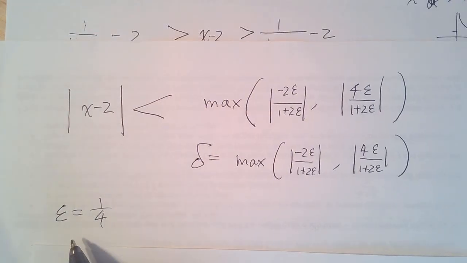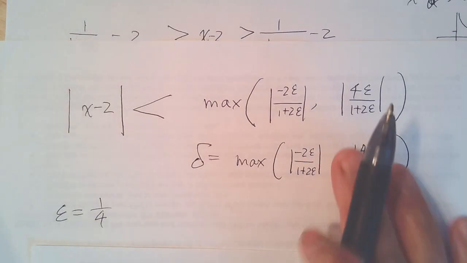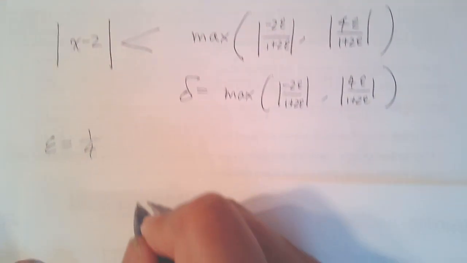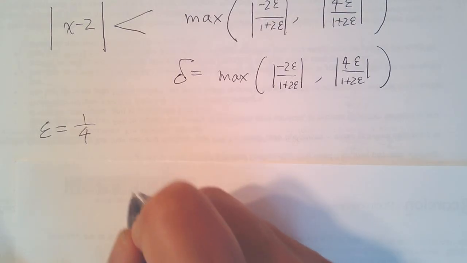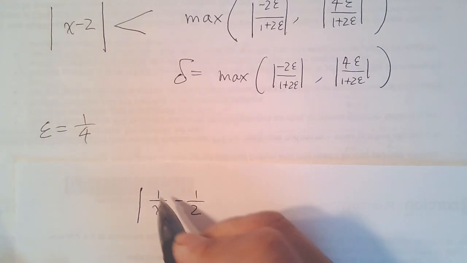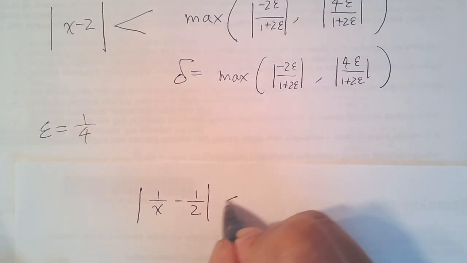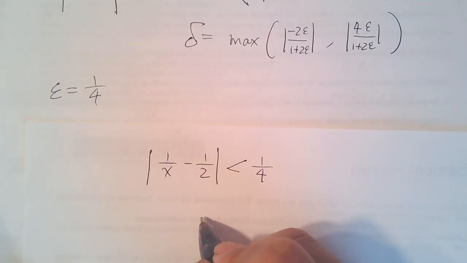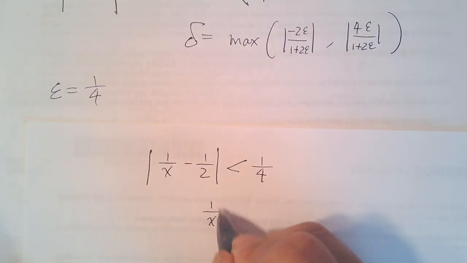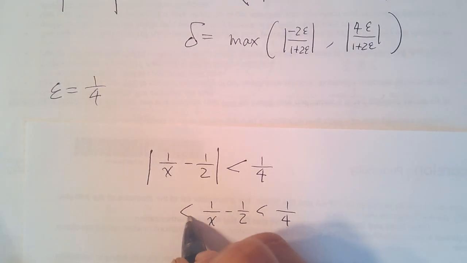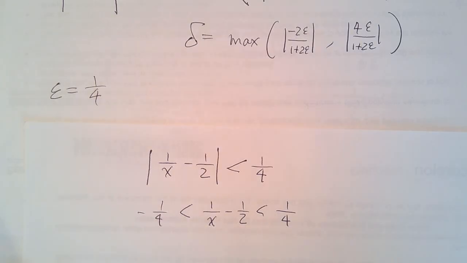If you choose epsilon as a quarter, which I think is fairly small, isn't it? That means 1 over x minus 1/2, the absolute value, is less than 1/4. You agree? And then 1 over x minus 1/2 is between a negative quarter and a quarter.